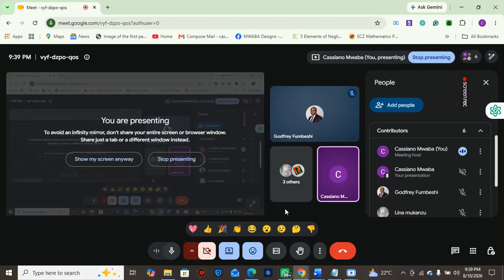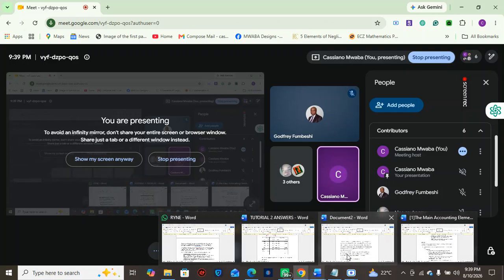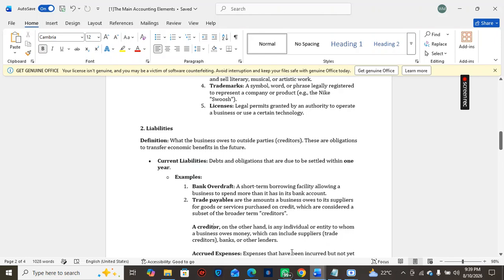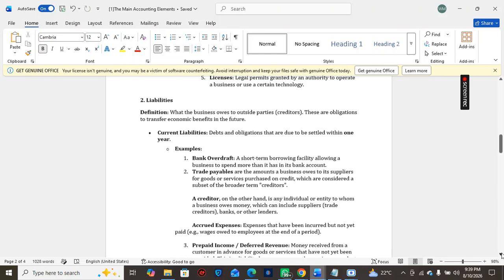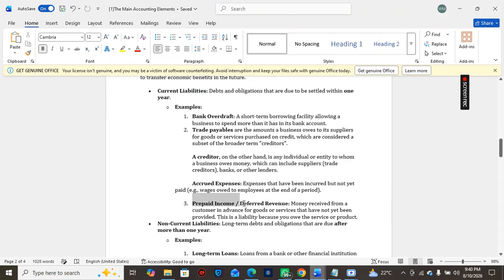It just keeps on building. So accrued expenses, prepaid income or deferred revenue, these are current liabilities.